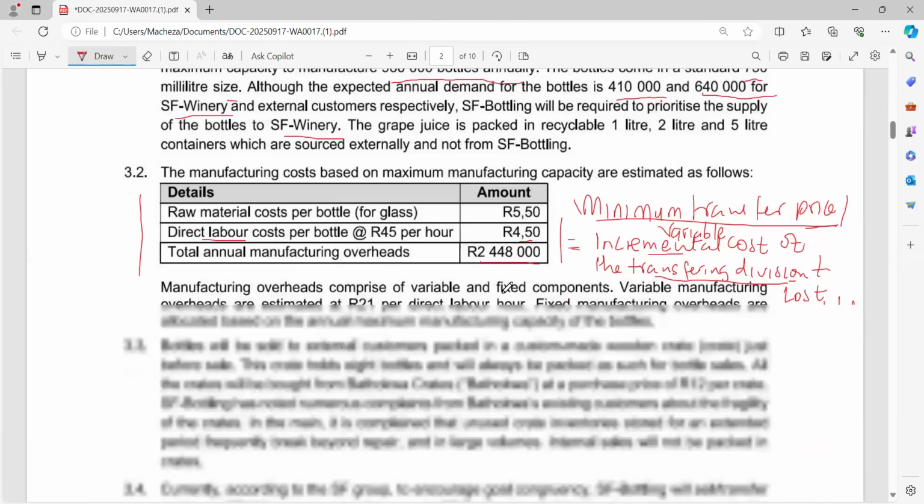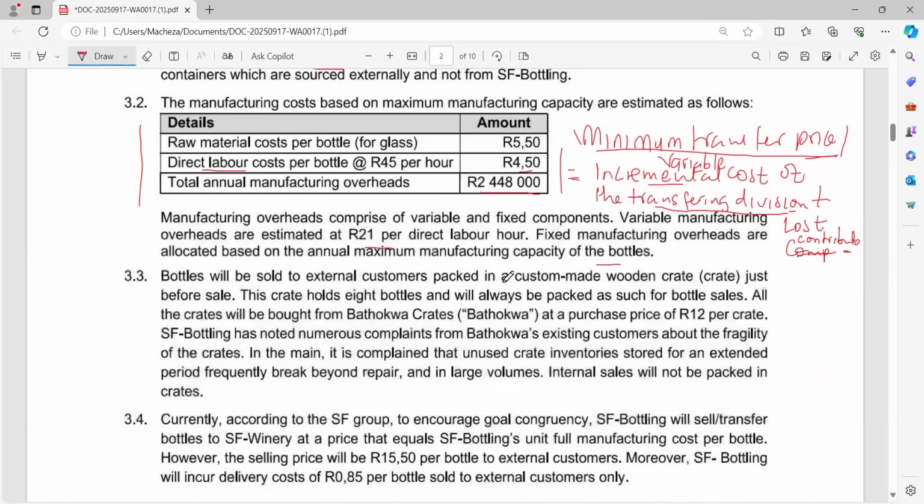Right, then that's on number 2. Then let's go to number 3. They say bottles will be sold to external customers pegged in a custom-made wooden crate just before sale. This crate holds 8 bottles and will always be pegged as such for bottle sales.